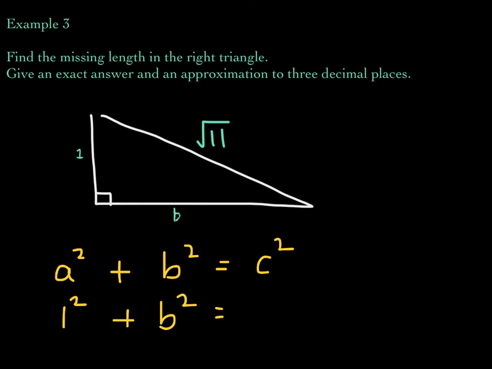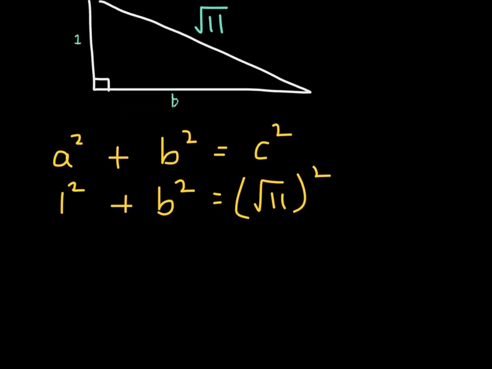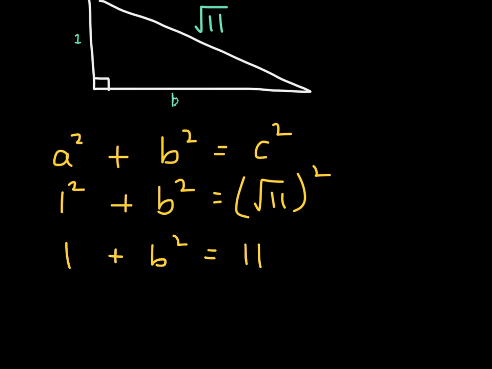And then we know the length of the hypotenuse is the square root of 11, but don't forget that you have to square this according to the theorem. All right, so what we're going to do now is solve for B. 1 squared is 1, and when you square the square root of 11, you get 11. So when you subtract 1 from both sides, you get B squared is equal to 10.